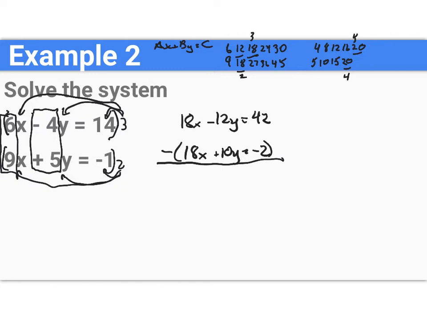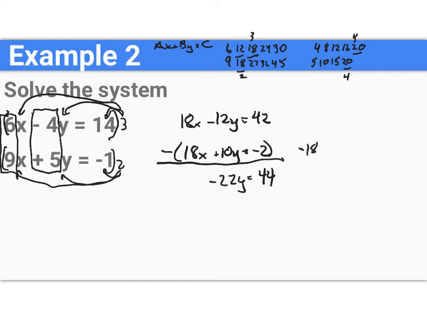You do 18 minus 18, -12 minus 10, or, minus a positive, which is a crazy way of thinking about it, but your teachers may tell you to distribute the -1 to every term and change the sign.